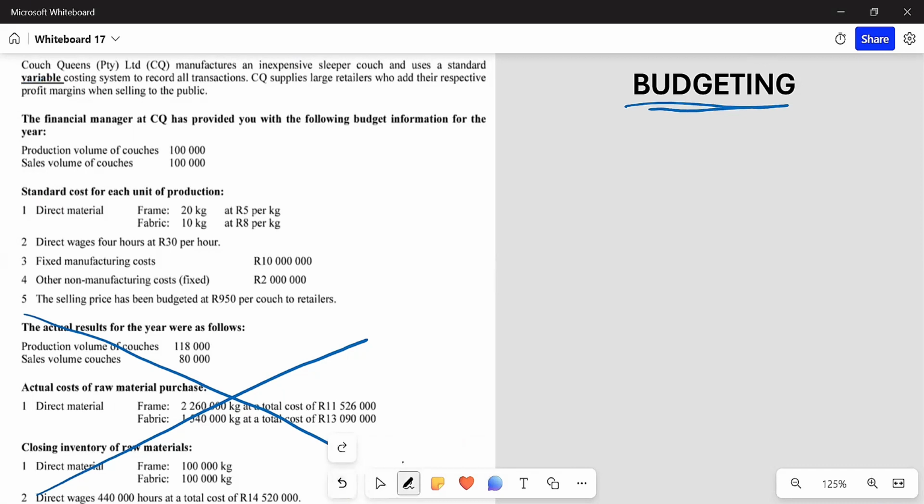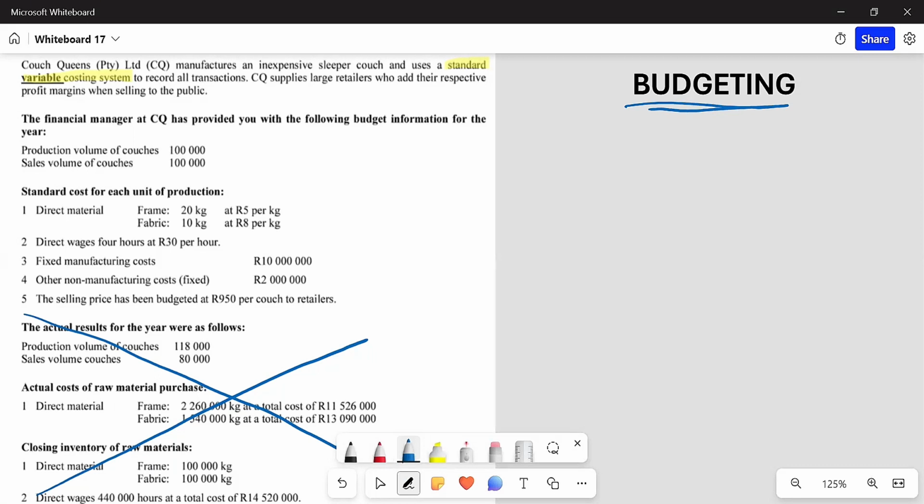It means that fixed costs do not form part of closing stock. If it was an absorption system, fixed cost will form part of the closing stock. I hope we all agree on that one. Okay.